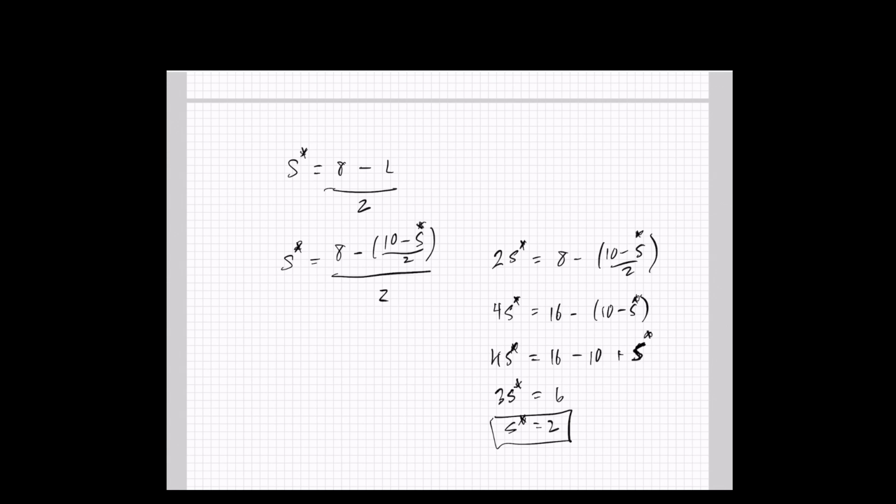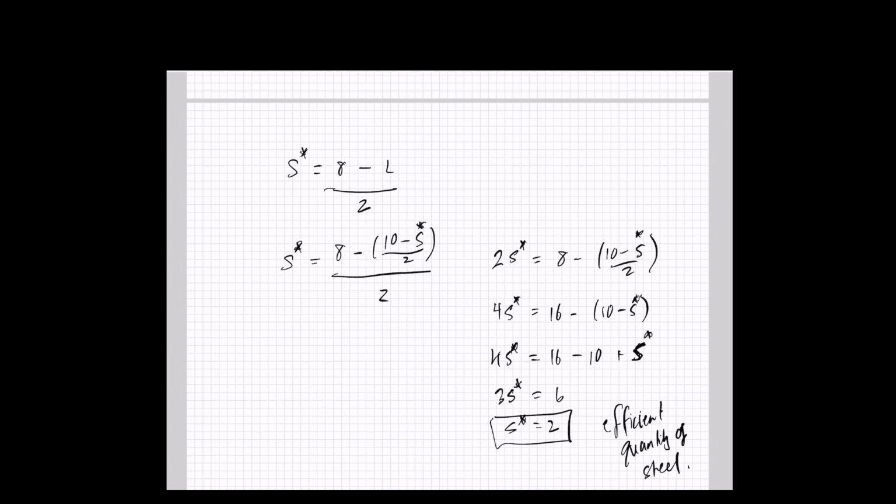All right, so our efficient level of steel, this is the efficient quantity of steel, is less than the profit maximizing individual of 4. So whatever those units are, millions of tons, have gone from 4 to 2, cut in half.